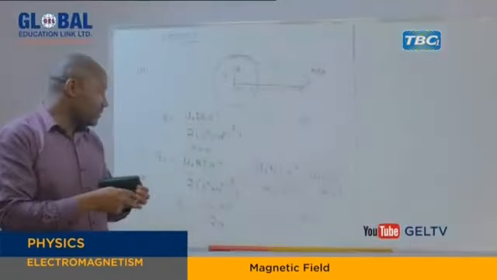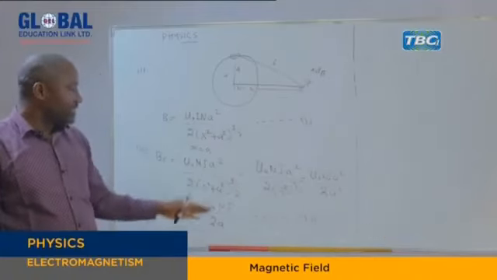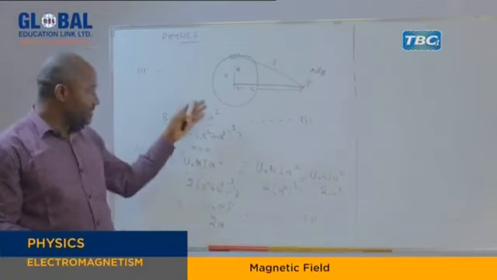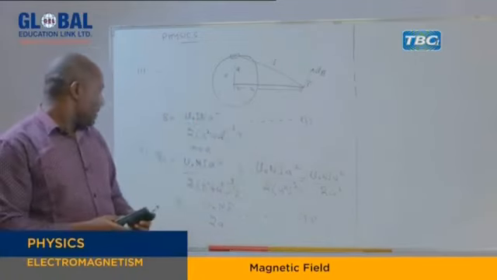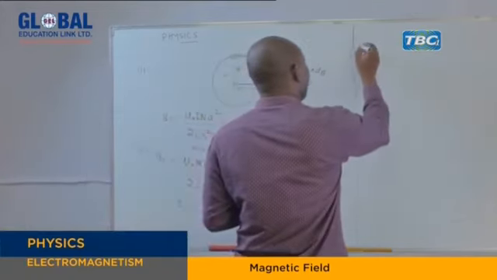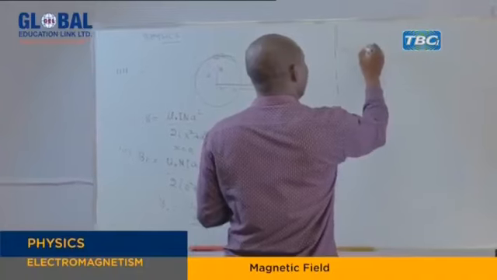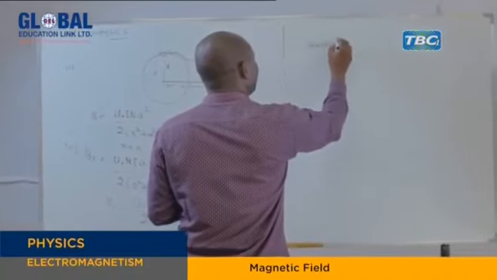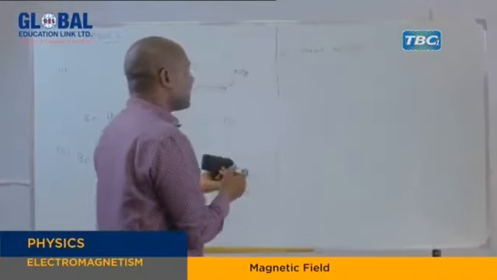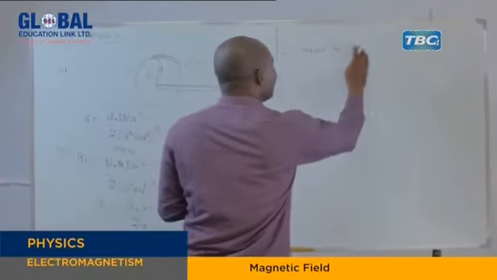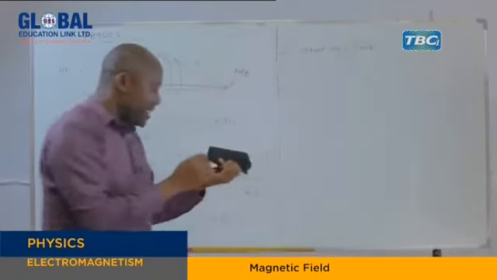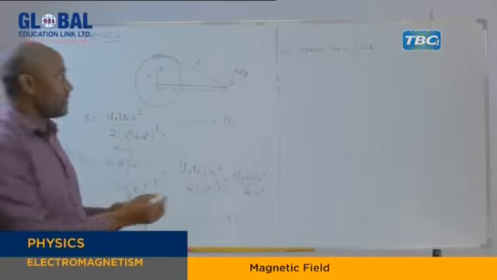This formula is common, known to everybody, and you derive this based on the Biot-Savart law and Ampere's theorem. But not only that, we did another conductor. Conductor number 3 was a straight conductor whose length is known.